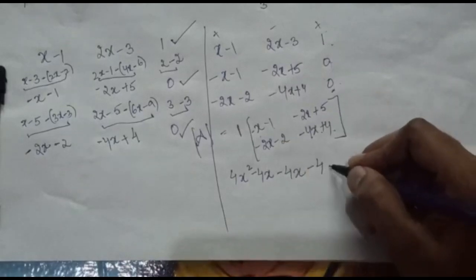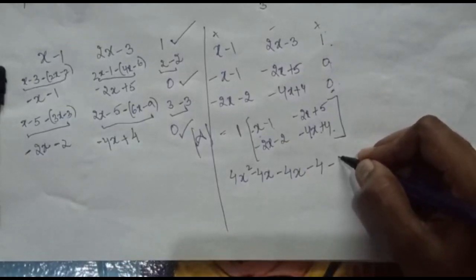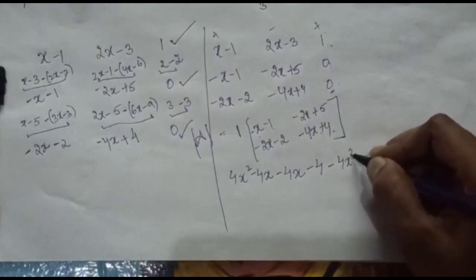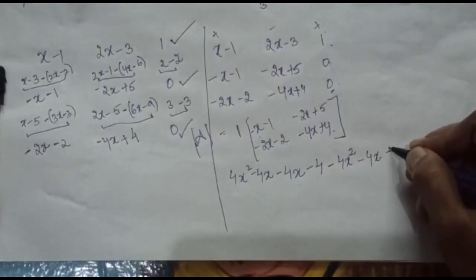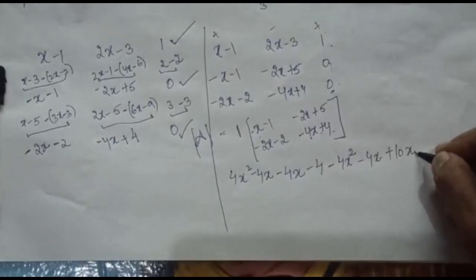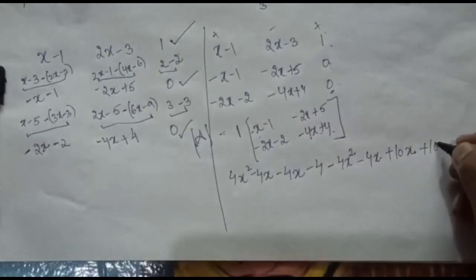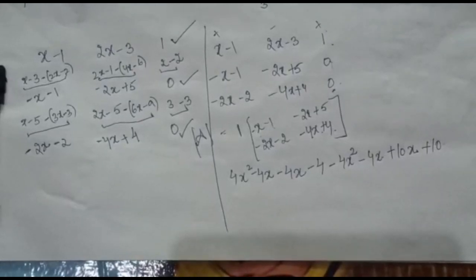Then on the other side we will calculate, because we have to put a minus sign in between: minus 4x square minus 4x plus 10x plus 10. So this much you are going to get.